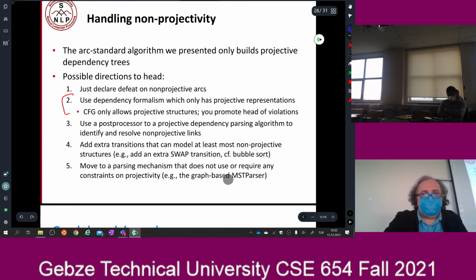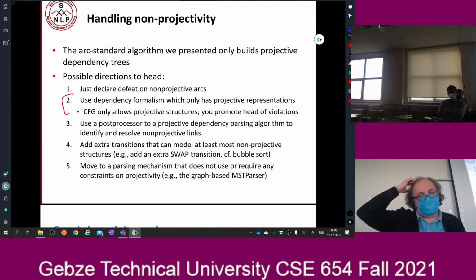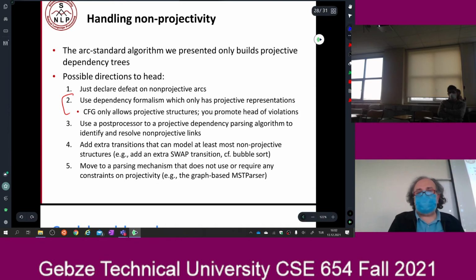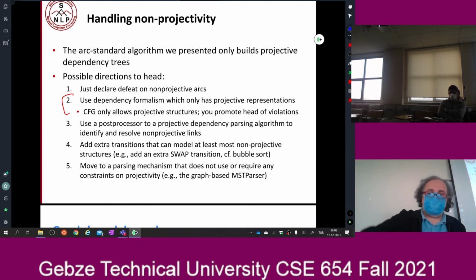And for this one, it says don't treat your grammar like a tree. Treat it like a graph. These kinds of parsers are the most general, more difficult to implement, and the algorithms are difficult too. They are called maximal spanning tree parsers, trying to find the tree out of a graph.